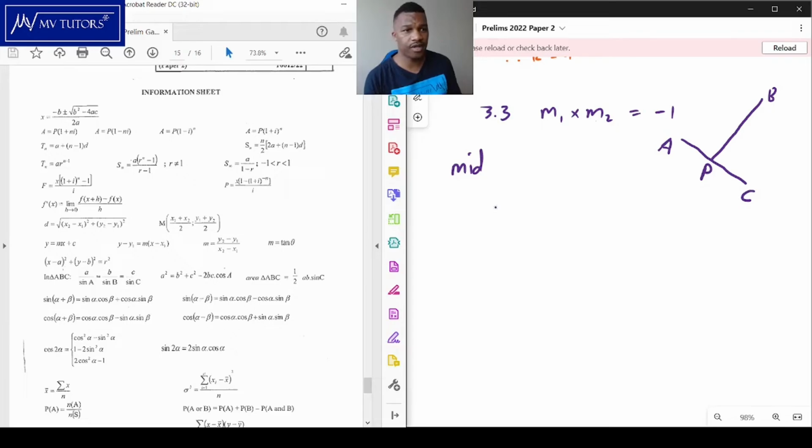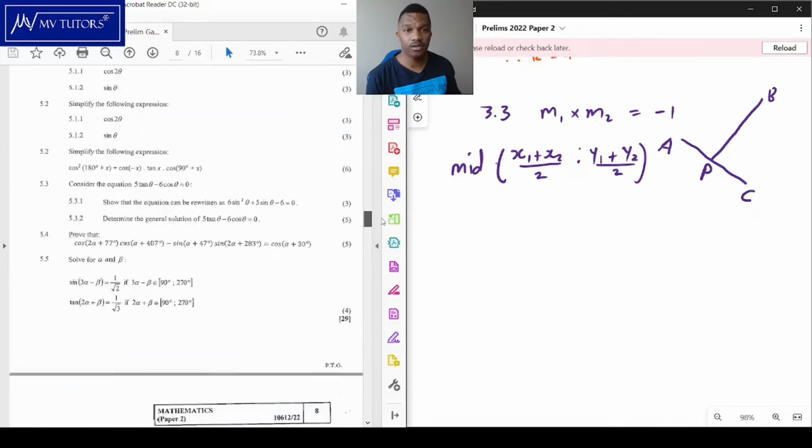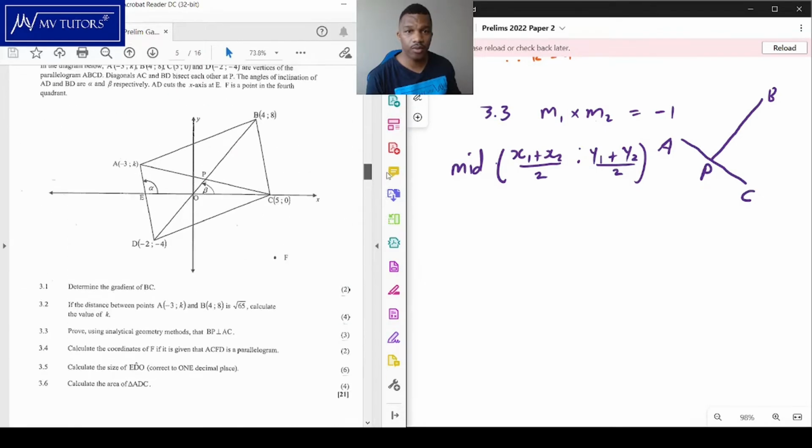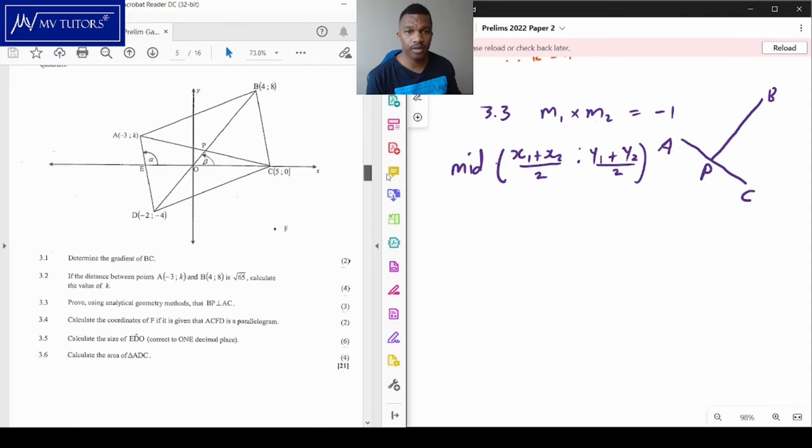So we have that the midpoint is given by x1 plus x2 divided by 2, y1 plus y2 divided by 2. Just like that. Now let's go back to the question and start putting in some numbers.